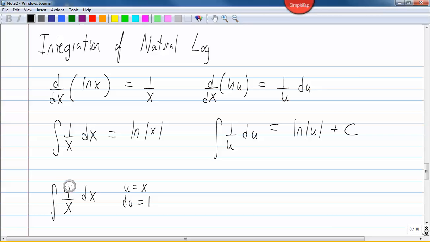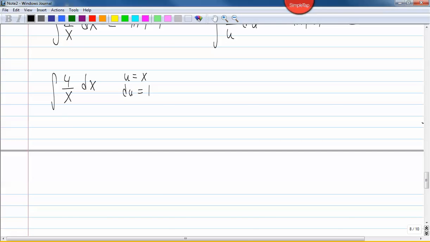So there is no x that needs to be in the numerator. There's just, is there a constant in the numerator? Yes. There's nothing to bring out because it's a 1. So that means that the integral of 4 over x is equal to the natural log of the absolute value of u, which is the natural log of x.